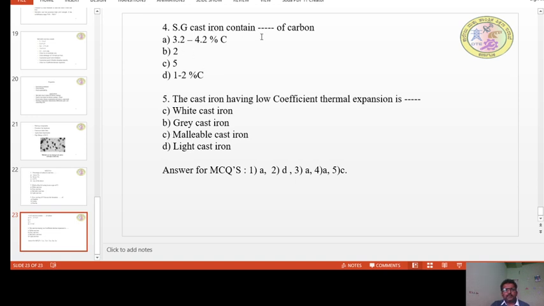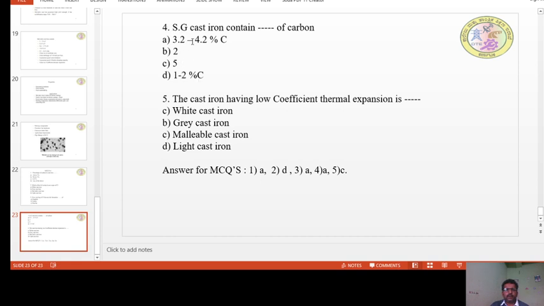SG cast iron contains dash percentage of carbon. It is 3.2 to 3.6% of carbon. Because of this high carbon content, the graphite is produced, and it will take a spheroid shape. Hence, the answer is A, and B is 2%, C is 6%, and D is 1 to 6%.